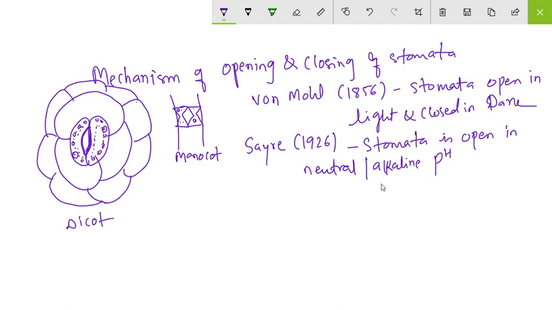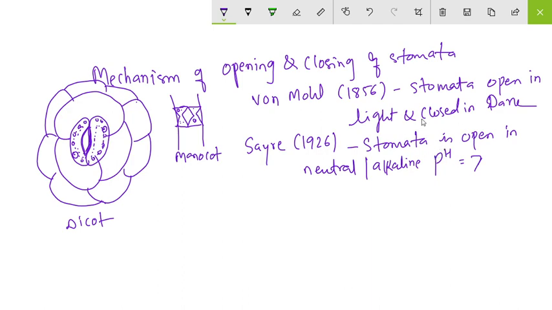That means even though there is darkness, if there is a neutral or alkaline pH, then the stomata open.